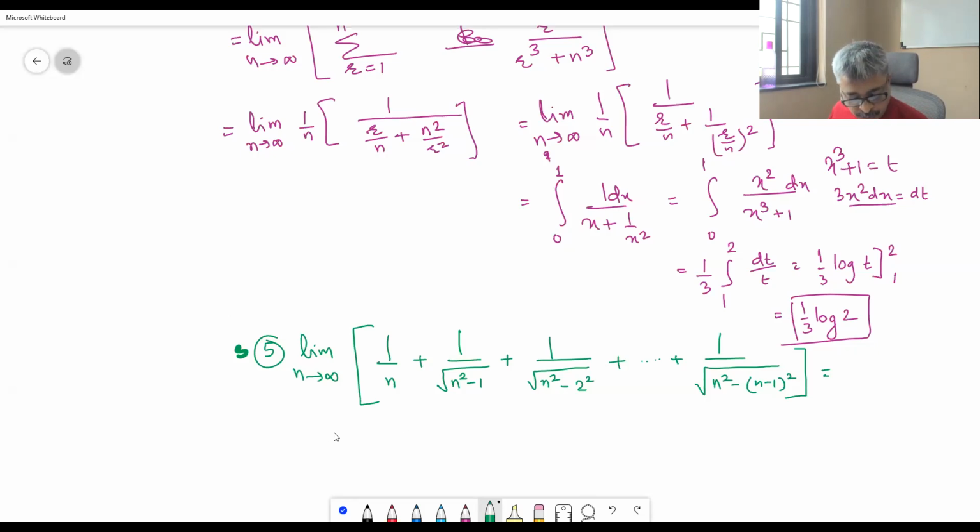Therefore, this is equal to integral 0 to 1 dx upon radical 1 minus x square, which is sine inverse x, to be evaluated between 0 to 1, and the answer is pi by 2. Okay.